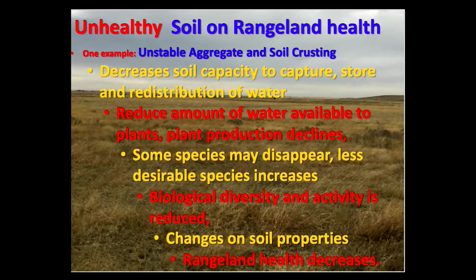And then what happens next? You have a soil that's completely sealed in there. And when the soil is sealed, the plants don't get enough water that they need, and then some of these plants' production declines, the plants die, and then we have some species that you don't want in there come back, and then they have more power in there. And that's what we see at the top.